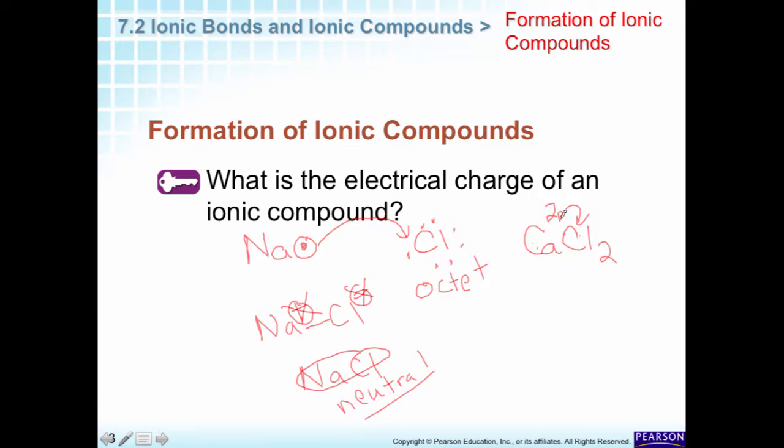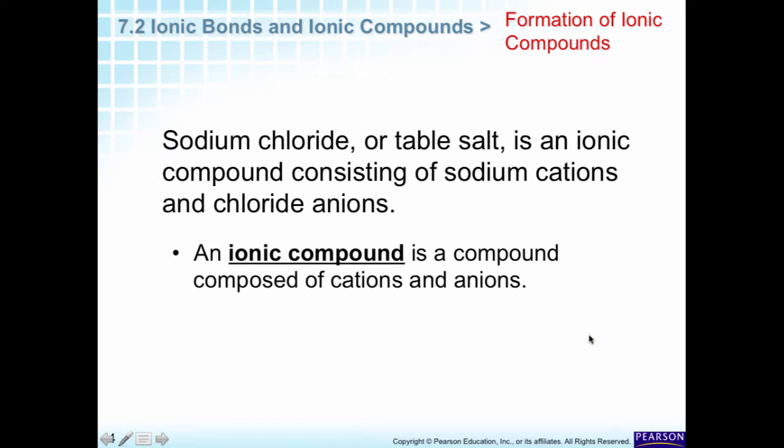So one chlorine got one of the electrons, the other chlorine got the other. So this one gets this electron and this one gets this electron. Okay? That's how it works. We're going to see that a little bit later too.